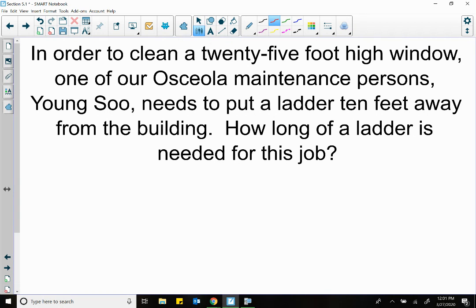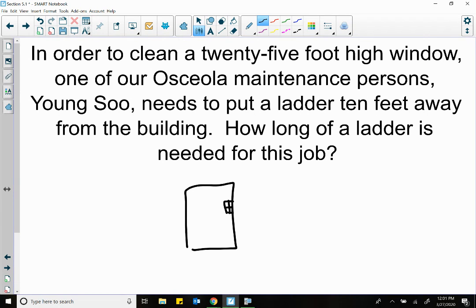So off that platform, let's talk about how to draw a picture. And again, my pictures are going to be very, very crude, guys. I'm not looking for artists on here. So it says that I have a window of a building. All right, so window. Okay, here's my building. There's my window.